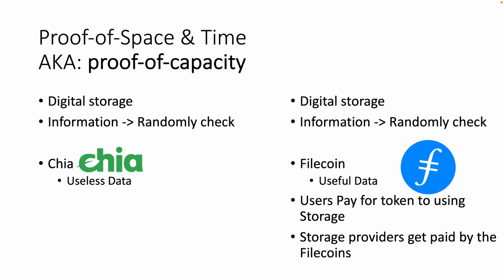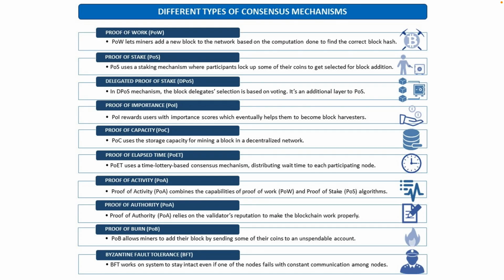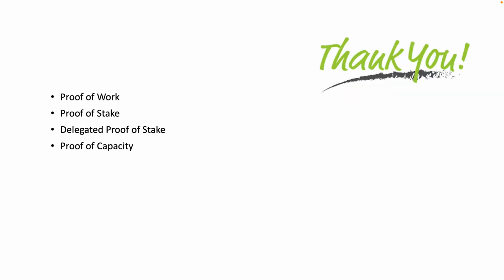So people who provide storage for the Filecoin network will get paid in its token, which is Filecoin. There are also other consensus mechanisms that have been used, like proof of burn and proof of wait, but these four we have explained are the most common consensus mechanisms.